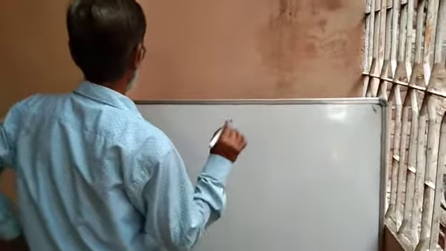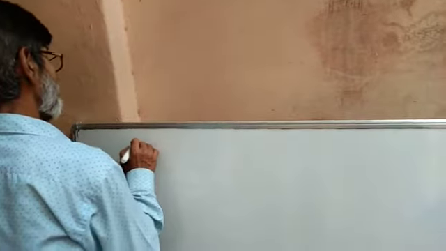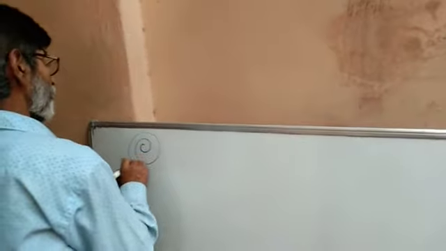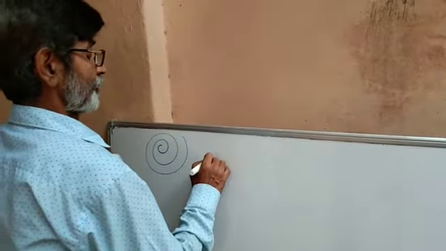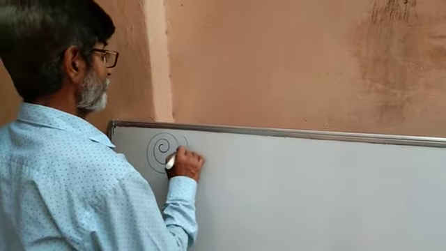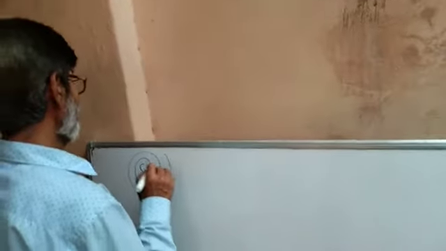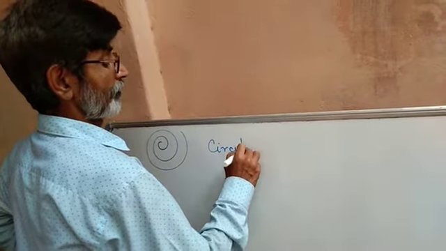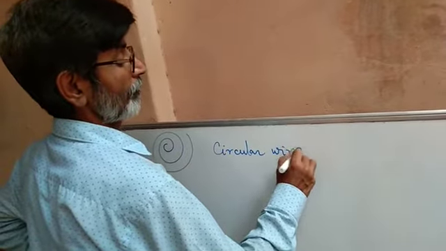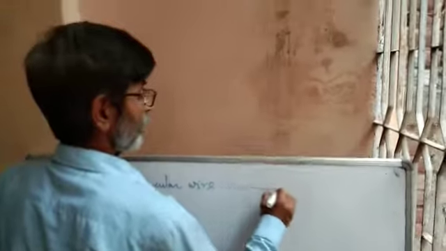Suppose, first of all, you have to use an electrical wire. This symbol is used for a circular coil. It is a symbol used for circular wire. It may also be shown by a straight line.